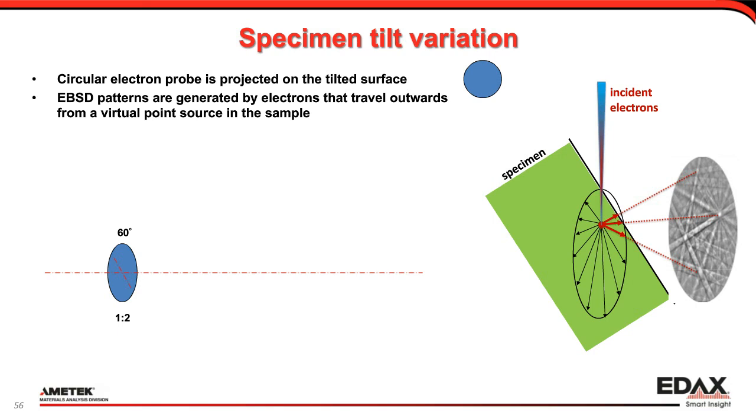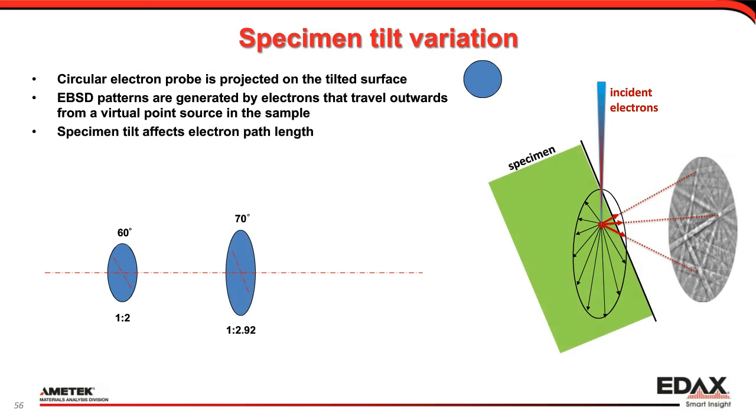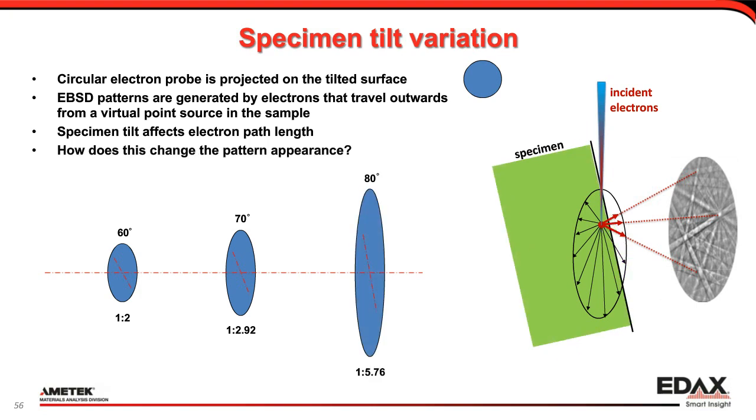So here I have just a little schematic at 60 degrees with a relatively long pathway of the electrons from the virtual point source to the surface. If I go to 70 degrees, I keep the point of impact the same, then this pathway is much shorter. If I go to 80, there's again much shorter path and penetration depth of the electrons from the virtual point source to the surface. And it's that layer where the patterns are formed.